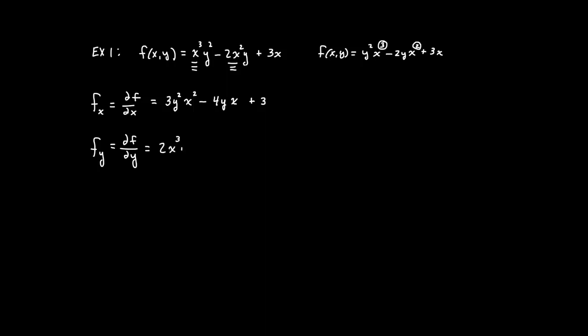So I have 2x cubed y, reduce the power or exponent by 1, minus, now the coefficient of y is the term negative 2x squared. All of this preceded the y, and so the derivative is just that coefficient. And then the derivative of 3x, well, since x is a constant, 3x is a constant, and the derivative with respect to y would be 0.